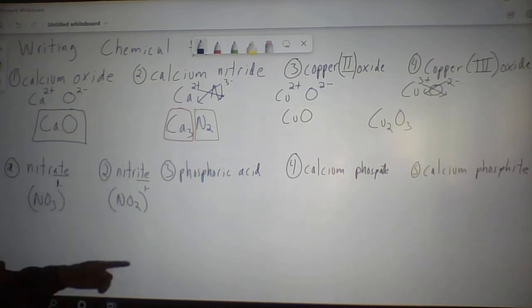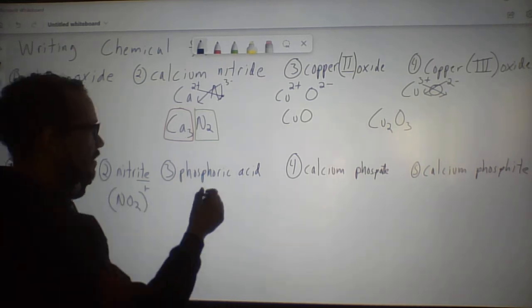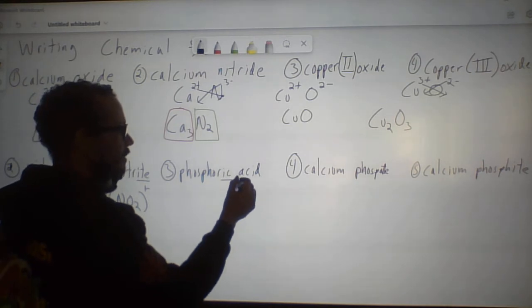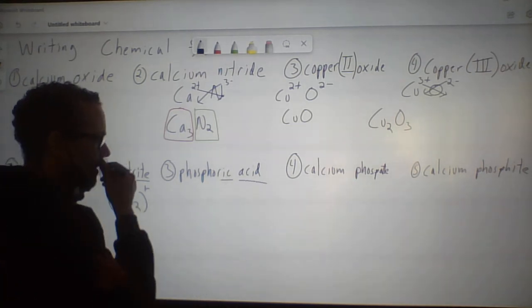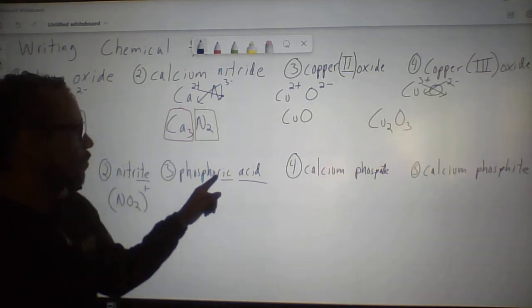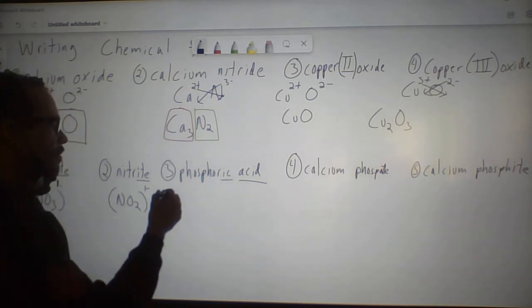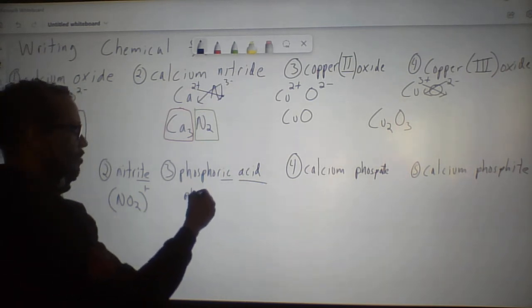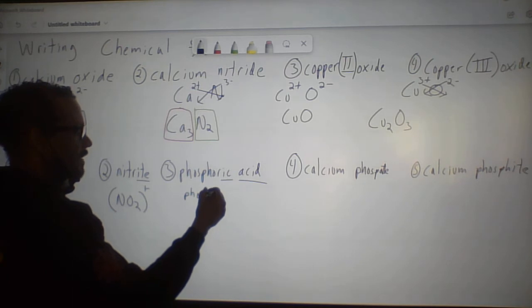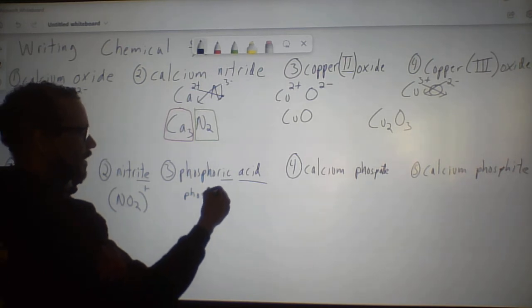All right, and then this one, I see the IC ending, and it also tells me that it's an acid. So this is phosphoric acid. I want to find the original one. So phosphoric acid, that means originally he was phosphate.